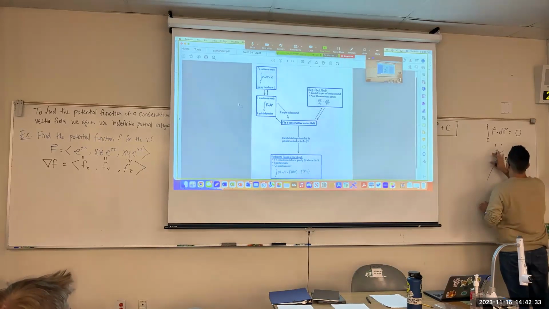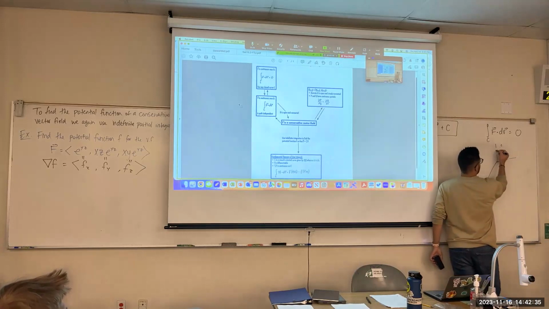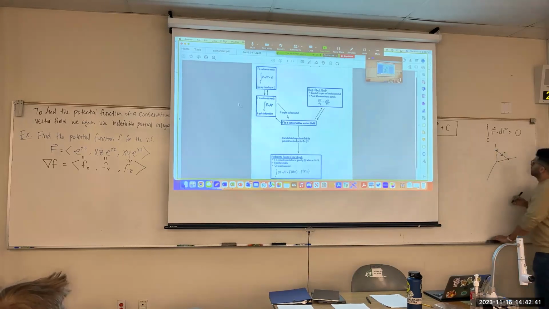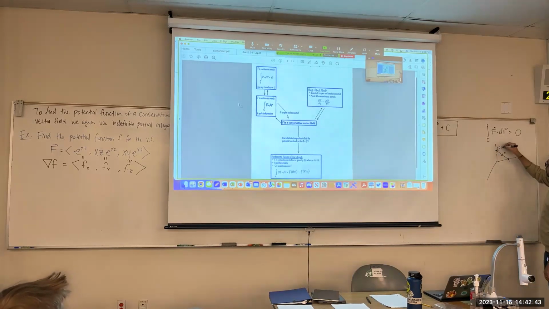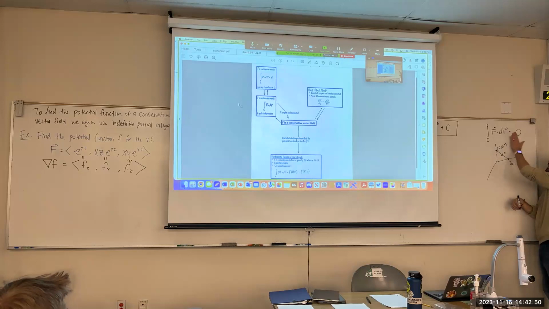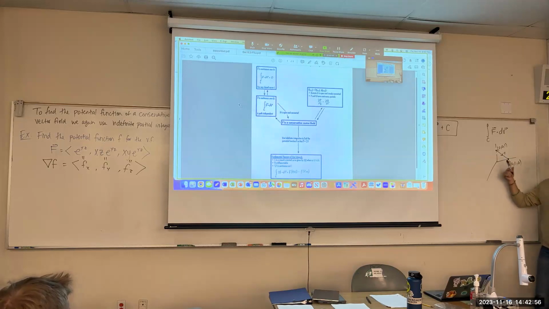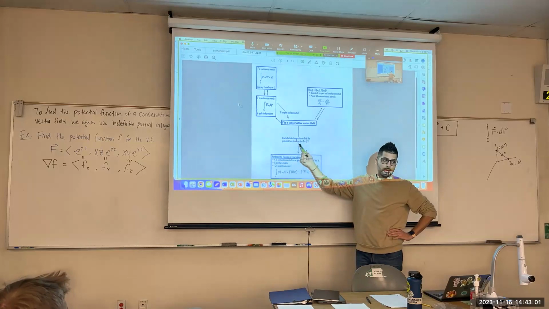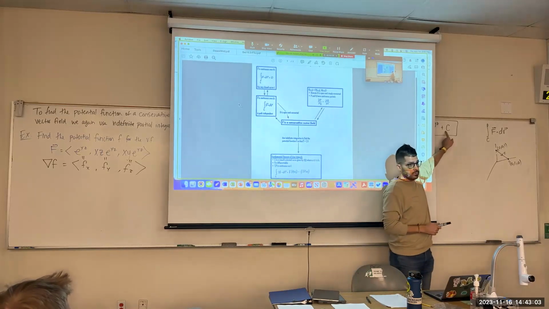If the curve is not closed, let's say it's a line segment from the point 0, 0, 1 to the point 0, 1, 0, and I am asked to find this line integral. I can either parameterize C and do the line integral, or because the vector field is conservative, it has a potential function f, which is what we just found.